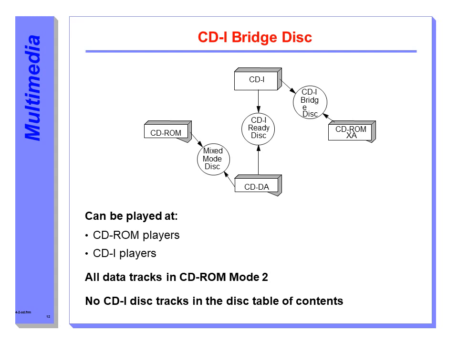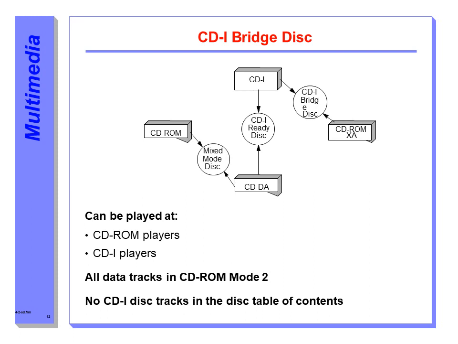You can see the CDI bridge disc. The goal is enabling a CD to be output on devices supporting different formats. That is the most important thing in the bridge disc.